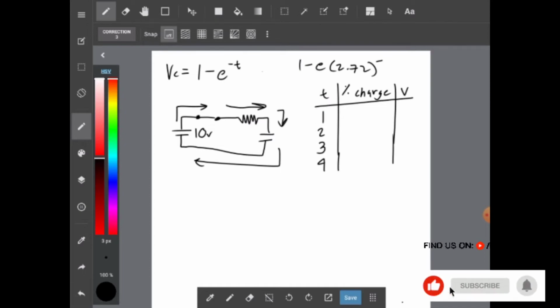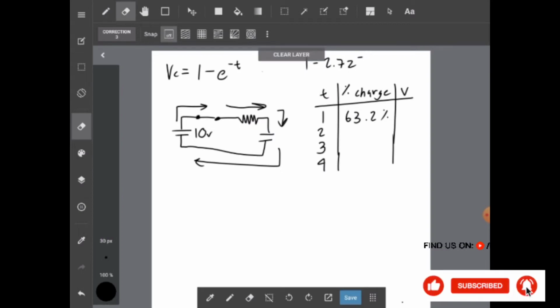So all in all, the equation will be 1 minus 2.72 raised to -1. And with that, you will get 0.632, or 63.2% charge.